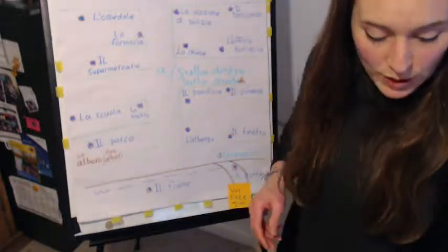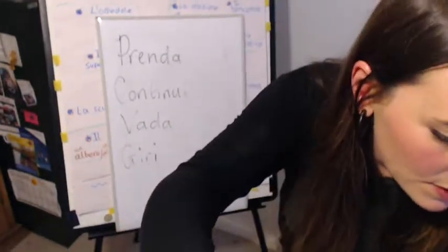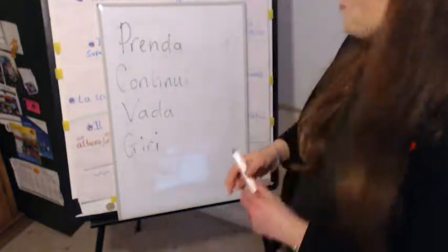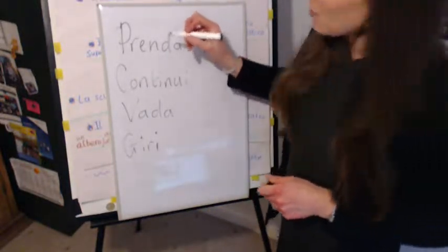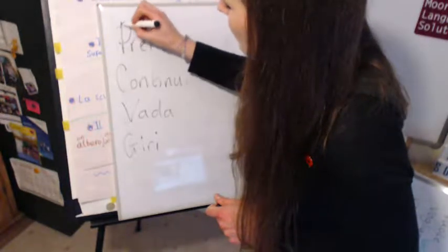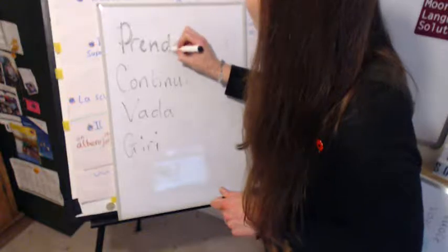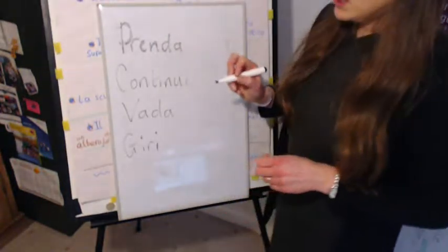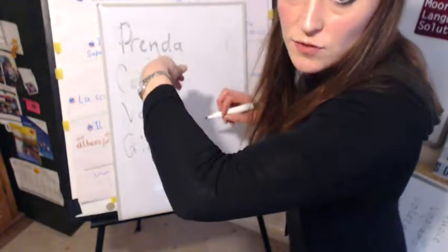Okay, so we need to understand instructions, the kind of instructions you might hear. I can't guarantee this is going to cover everything that you might be told, but first of all, these are all in the lei form. First one, prenda, take, prenda. So when might you hear that? Take, for example, take the first on the right, or the first on the left, or the second on the right.